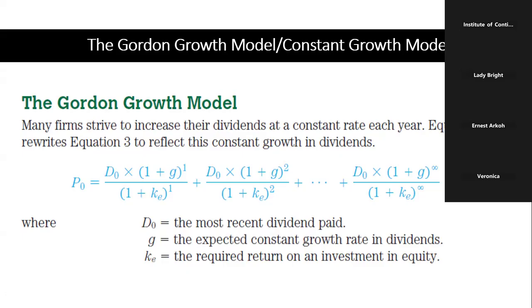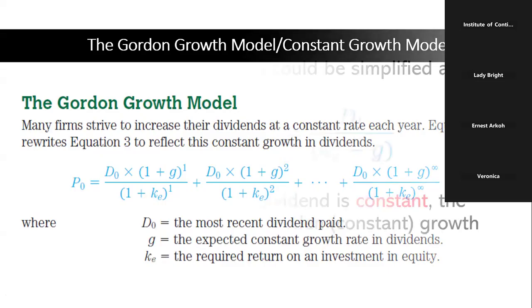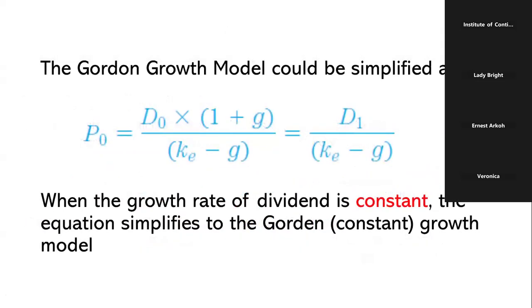This formula is, how do you call it? Simplified. Because when we talk about infinity, it means the growth is not changing. It will remain like that till infinity. So we use the simplified formula.